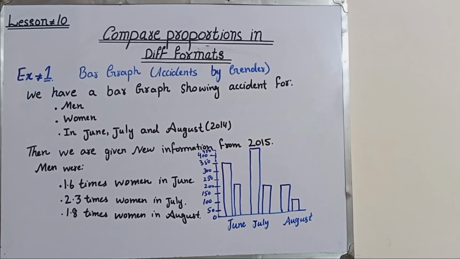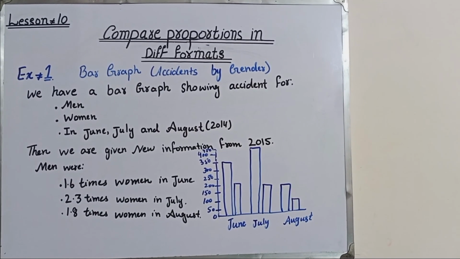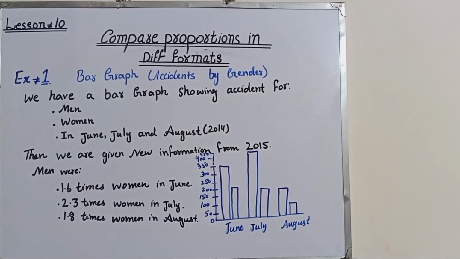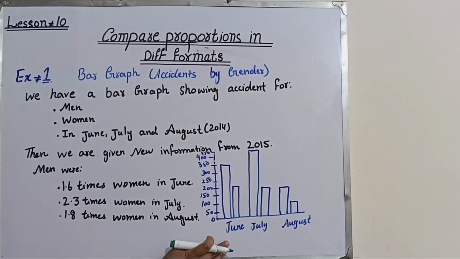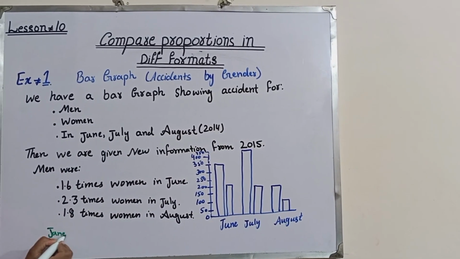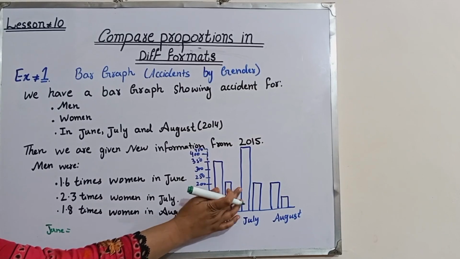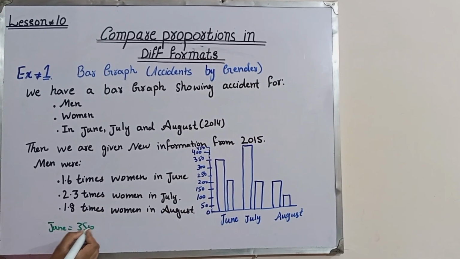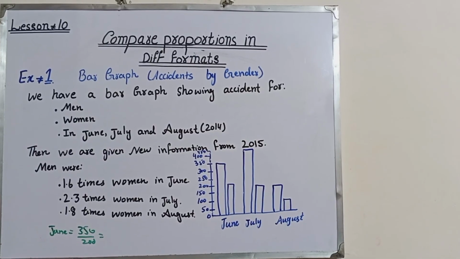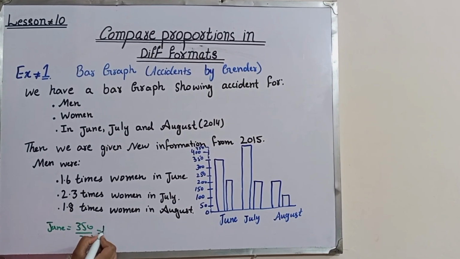So for this, we determine the proportion of 2014 male accidents to female accidents from the graph. For June, the ratio is 350 to 200. 350 divided by 200, our answer will be 1.75.